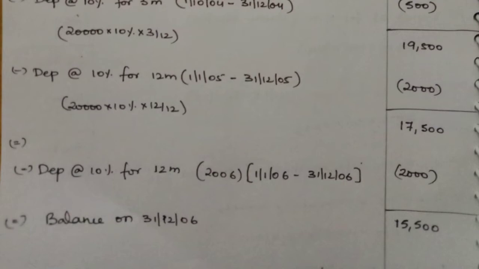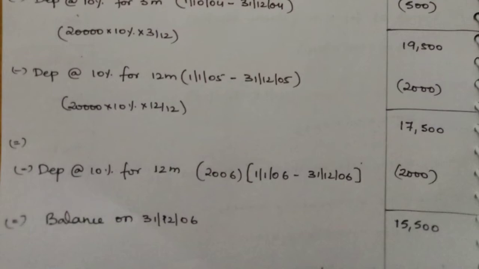We are doing the SLM method, that is the fixed installment method, so we need to calculate depreciation on the original cost always. On that only you need to take the depreciation. So 19,500 minus 2,000 comes to 17,500, the net cost of the machinery in the balance sheet as on 31st December 2005.